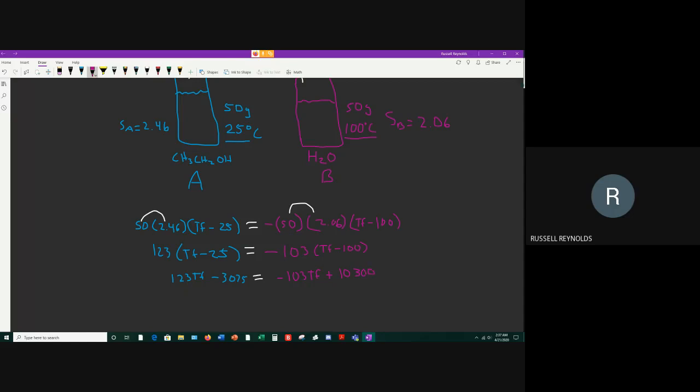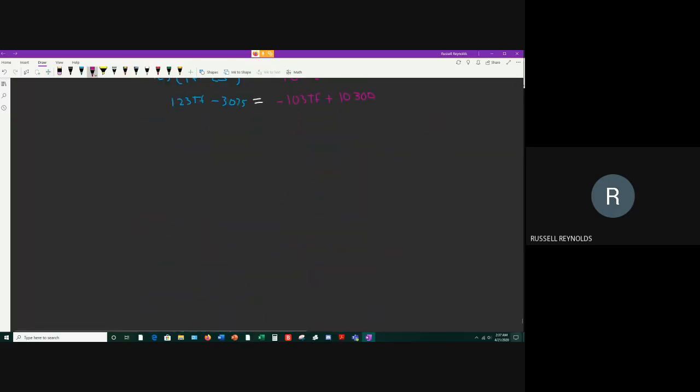So now what you want to do is combine like terms. To combine like terms, we will add this 3075 to both sides. So we will add this 3075 to this side. And then we will add the 103 TF to the other side. Because remember, our goal is to isolate this TF.